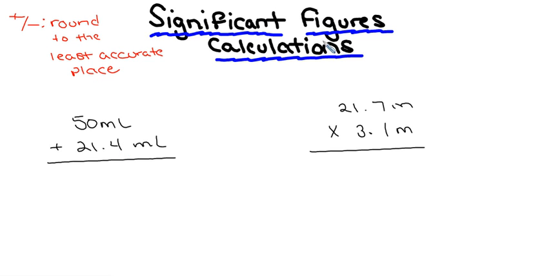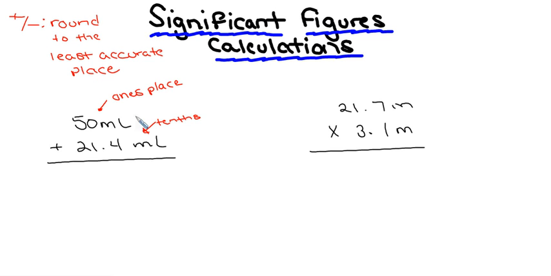So adding these together, you see that in this case, we are only accurate to the ones place. But in the 21.4 milliliters, we are accurate to the tenths place.